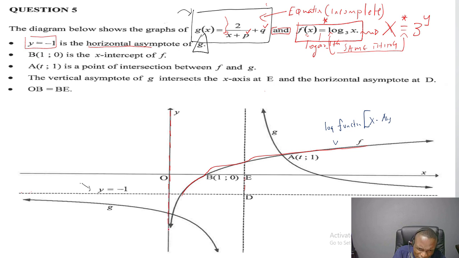It has got the vertical asymptote, and the equation of that vertical asymptote is x equals 0. Because here on the origin we have 0, and we see that this vertical asymptote passes where x is 0.